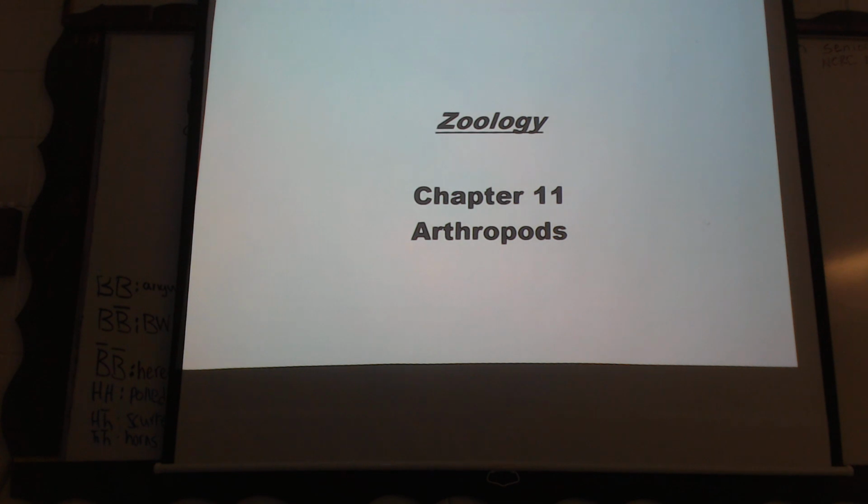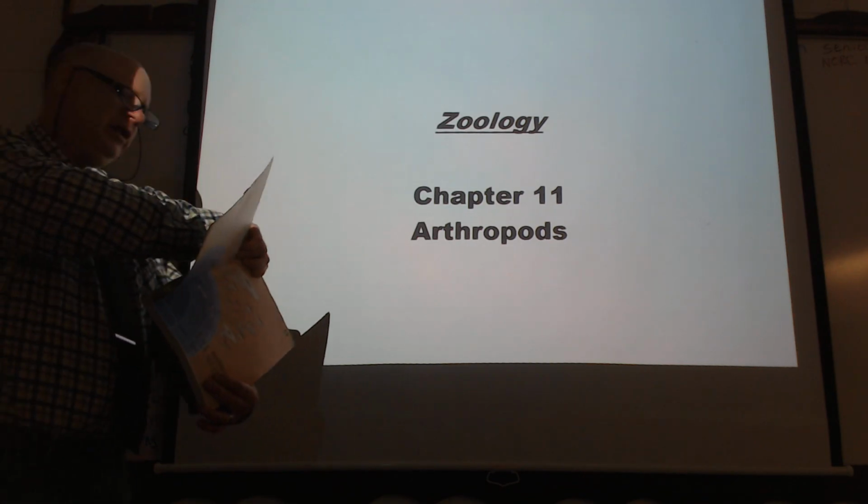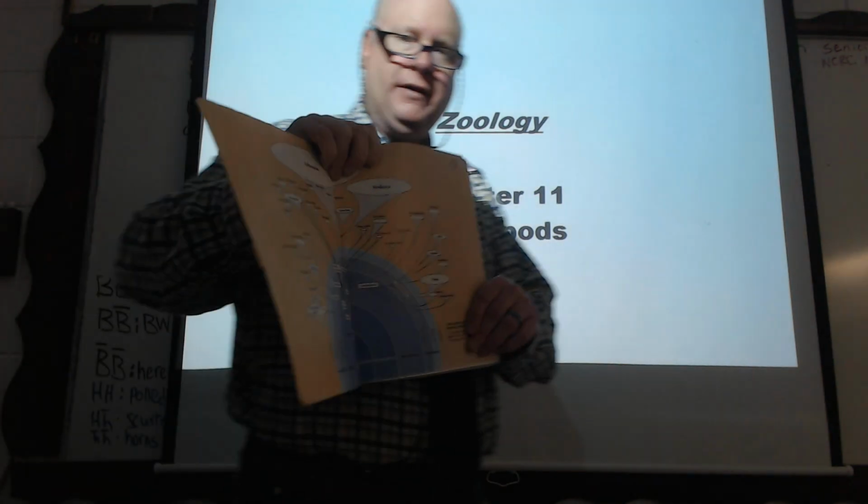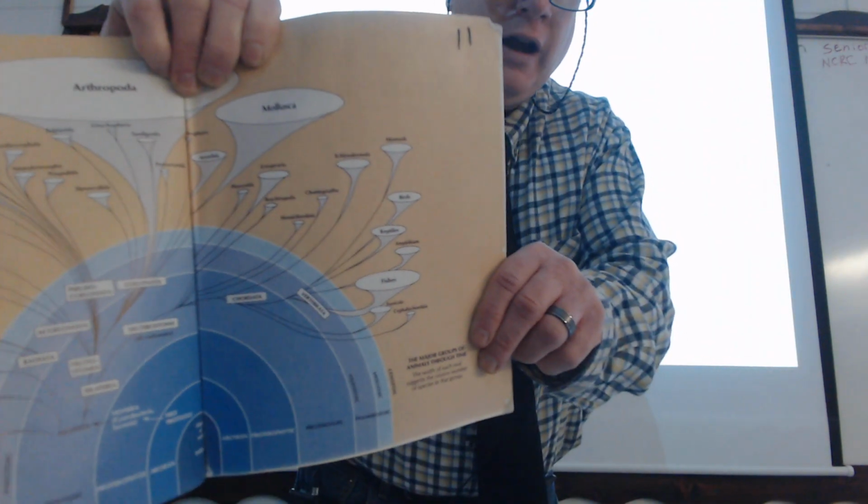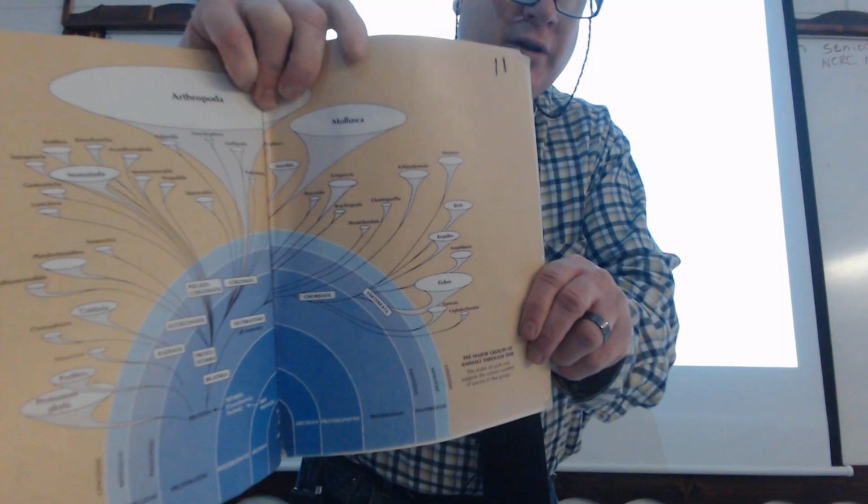Okay, but back to our funnel graph. That's why when we look at this, inside the biggest funnel, who do we see? The arthropods. So this, I think this is the second edition of our animal diversity. Now that you can see that, these all look like a bunch of funnels.